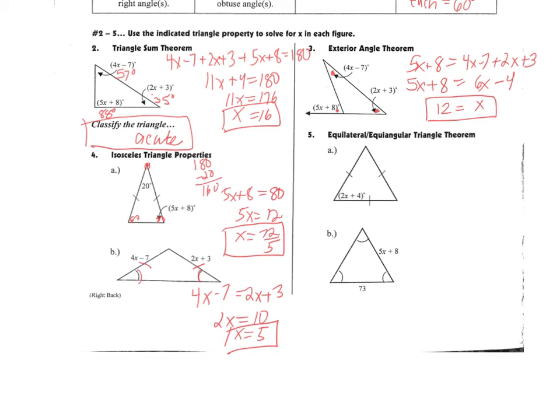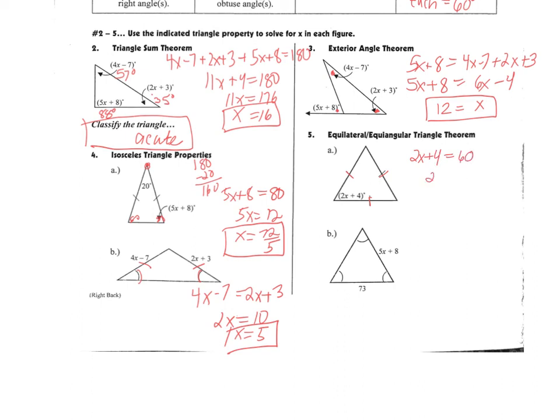If we apply what we know about the equilateral and equiangular triangle theorem, if all of our sides are congruent, then it's equilateral, which means it is also equiangular. So that 180 triangle sum would be divided by 3 to get 60. And so 2x plus 4 would have to equal 60.